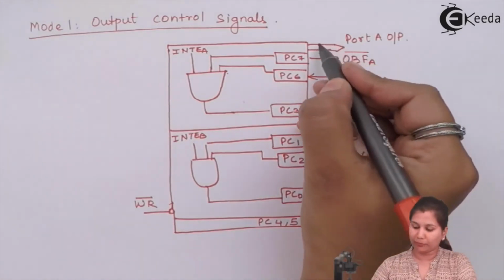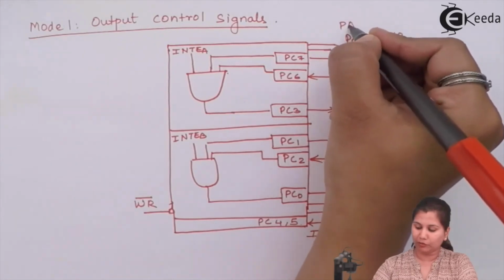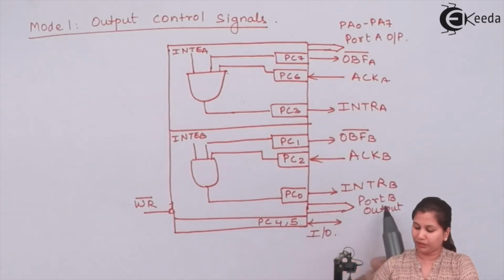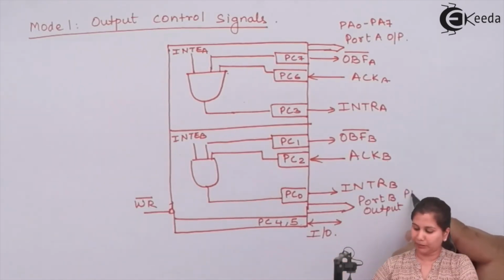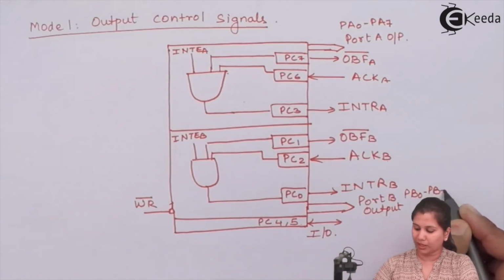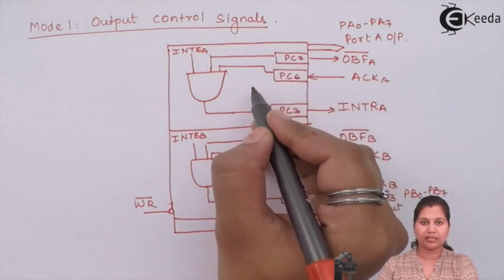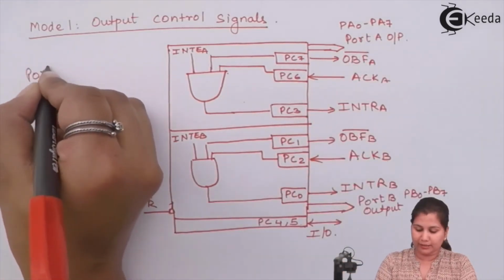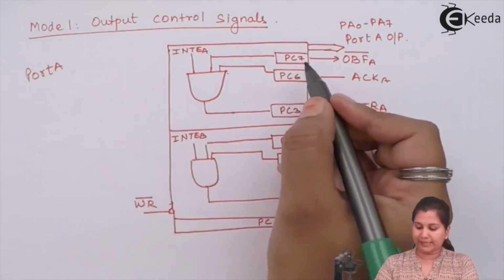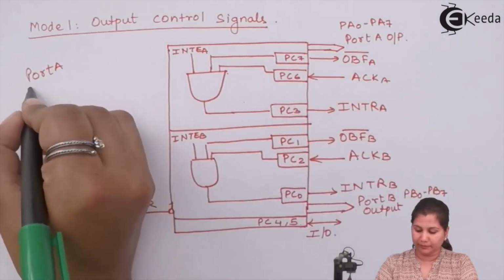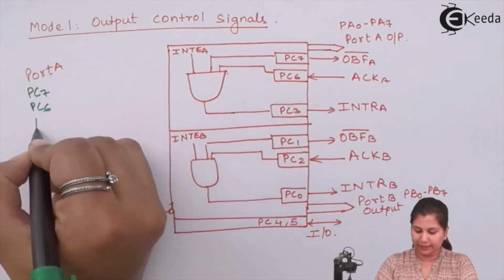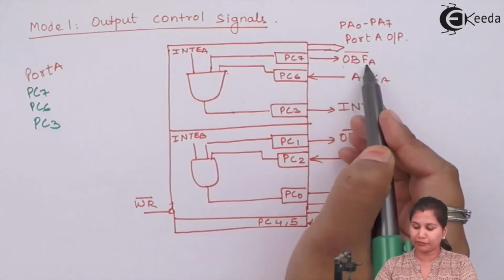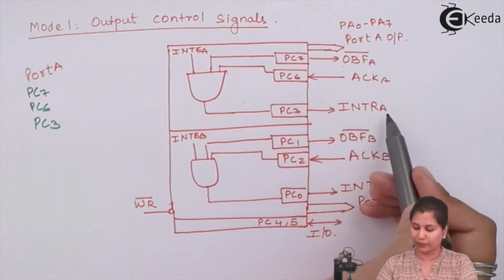Here we have the port A output, PA0 to PA7, 8 bits, and for port B we have the port B output, PB0 to PB7. The three lines of port C are used by port A for the handshake signals: PC7, PC6 and PC3, for OBF (output buffer full), ACK (acknowledge) and INTR (interrupt request).